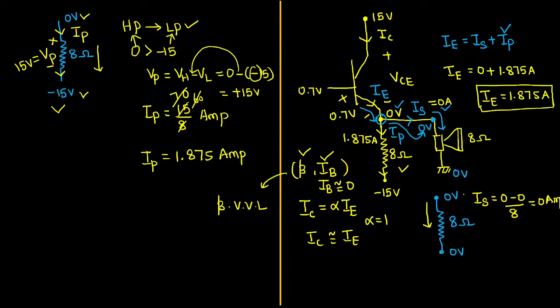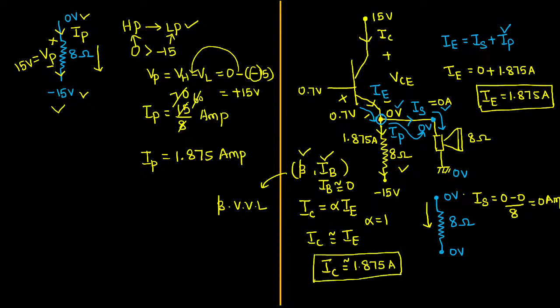I hope you all remember this relation I told already. In any question, by default, if there is no data about beta and IB, you can proceed like this. So here in this question also, there is no clear data about beta and IB. So I am assuming that beta is very large and the base current is approximately equal to 0. So collector current and emitter current will become approximately equal. So the value of collector current will be approximately 1.875 ampere. Successfully we found one operating point.